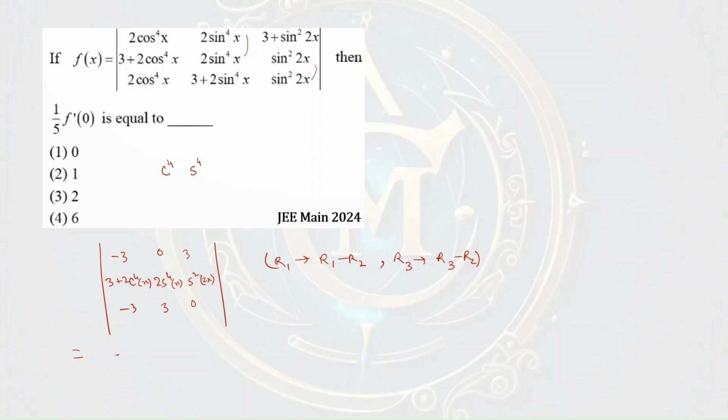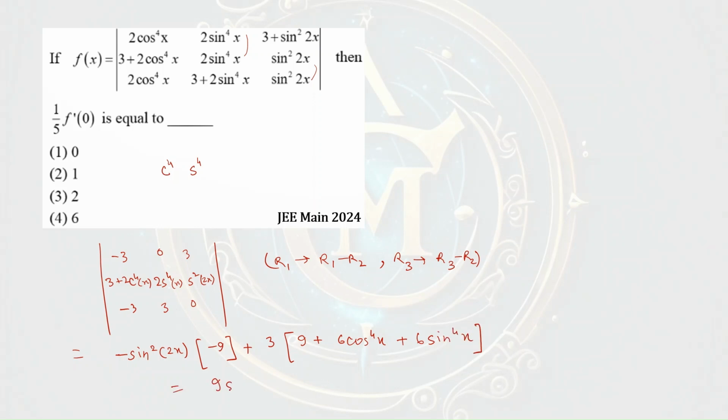This will be minus sign, so minus 1 to the power 2, into sin square 2x times this will be minus 9, then plus 3 into 9 plus 6 cos to the power 4x, minus, so again will be plus 6 sine to the power 4x.